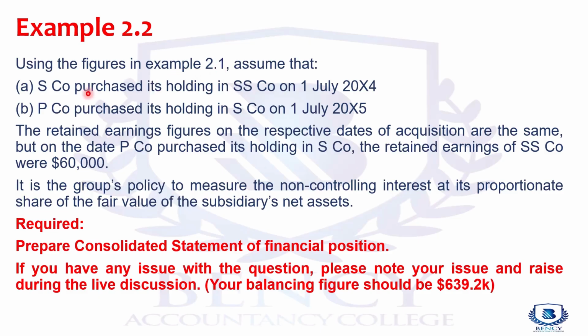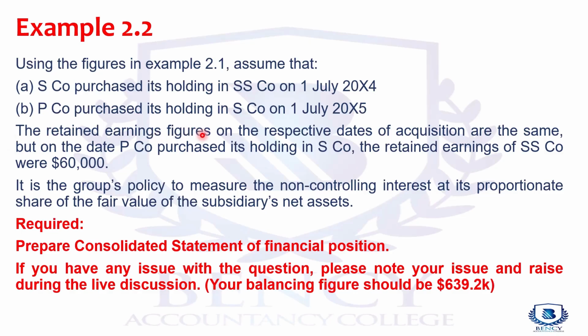S purchased its holdings in SS on 1st July 20x4, and P purchased its holding in S on 1st July 20x5. The same figures, right? And here, the retained earnings figures at the respective dates of acquisition are the same.